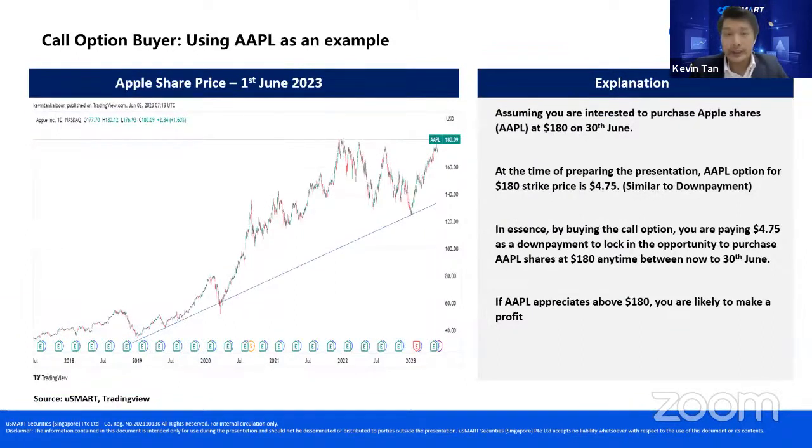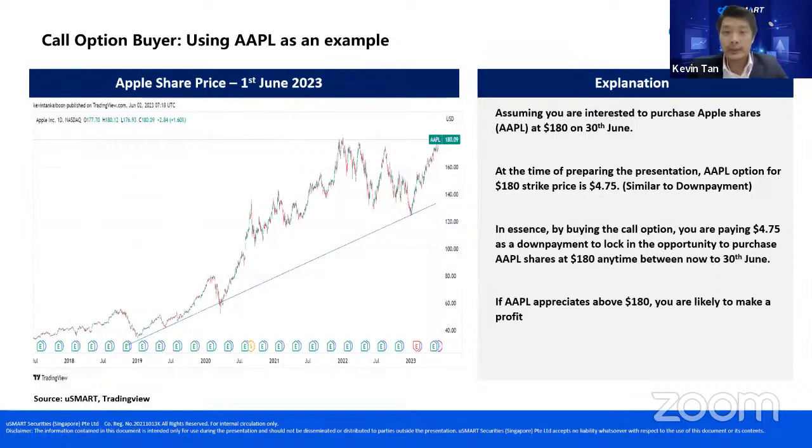So to bring it into a stock market example, I would like to use Apple. At the time of preparation for this presentation, Apple was at $180, and you can see that Apple shares have been steadily going up over the years. So let's take the example that you would like to purchase Apple shares at $180 on 30th June. At the time of preparing this presentation, the Apple option for the 180 strike price is trading at $4.75.